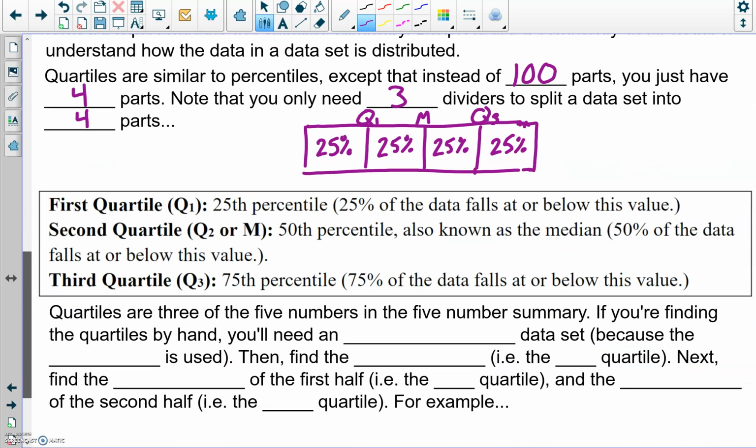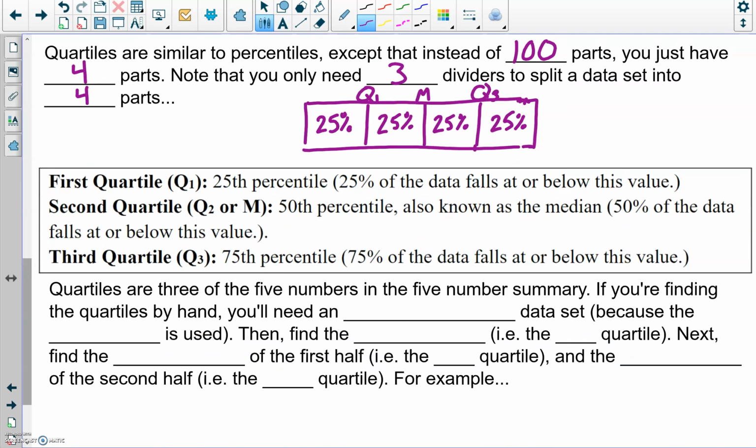So quartiles themselves are 3 of the 5 numbers in the 5-number summary. If you're finding quartiles by hand, you'll need an ordered data set, because the median is used. Then what you're going to do is find the median, i.e. the second quartile.